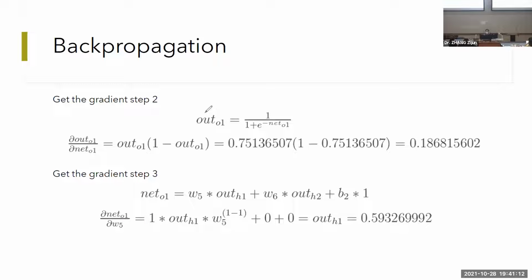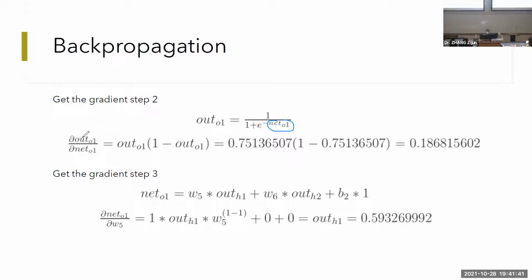Now we back propagate back to the activation function. The activation function at the output node 1 is a sigmoid, a logistic function. It's 1 over 1 plus exponential to the negative of its input, net o1.